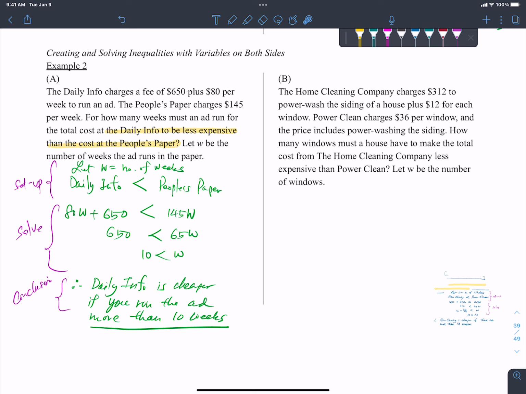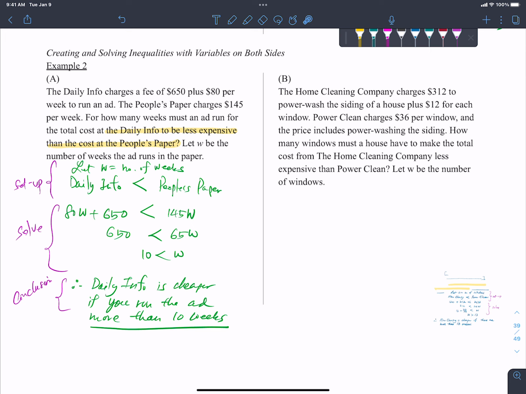And we're saying that Daily Info has to be less than People's Paper. And as it turns out, there are 2 different places. One place charges a fee of $650 plus $80 per week to run an ad. People's Paper charges just a flat fee of $145 per week, right?